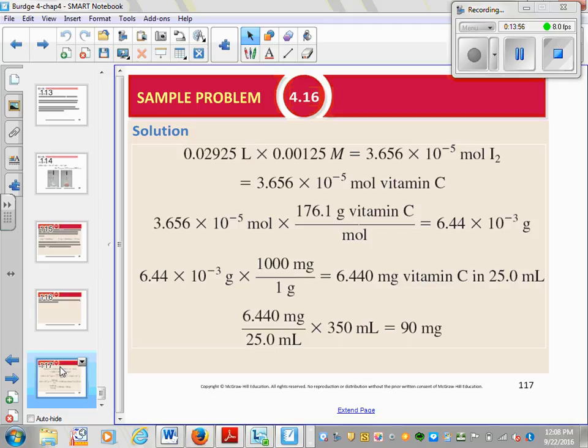And I can multiply it by the number of liters to figure out the number of moles we have. So this is moles per liter times 0.025 liters, which is 25 milliliters.